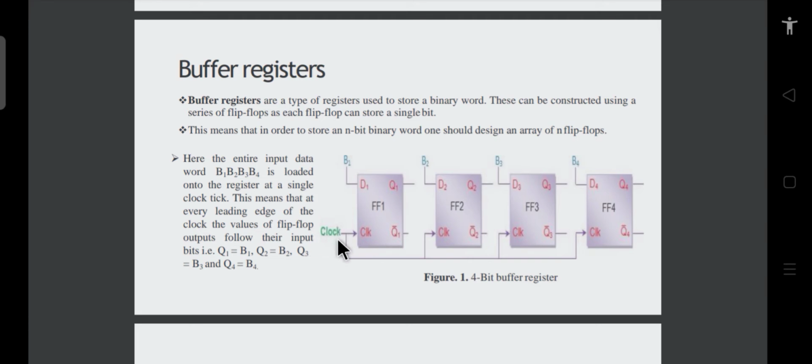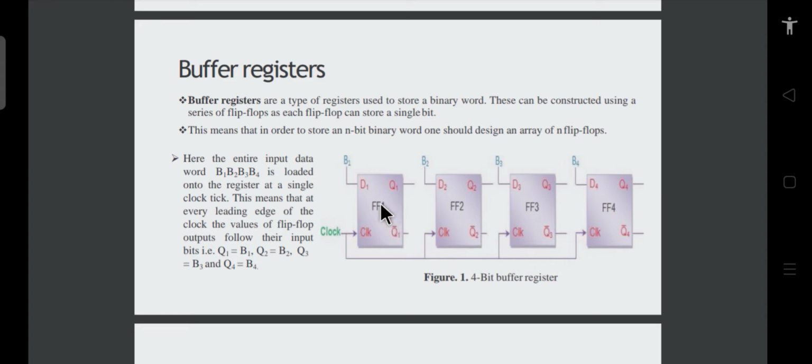Whereas if the clock is 1, then what will happen? B1 will be loaded into flip-flop 1 via D1, and it will come to Q1. Similarly, at the same instant, because the clock is connected simultaneously to all the flip-flops, the clock will reach all the flip-flops at the same instant.